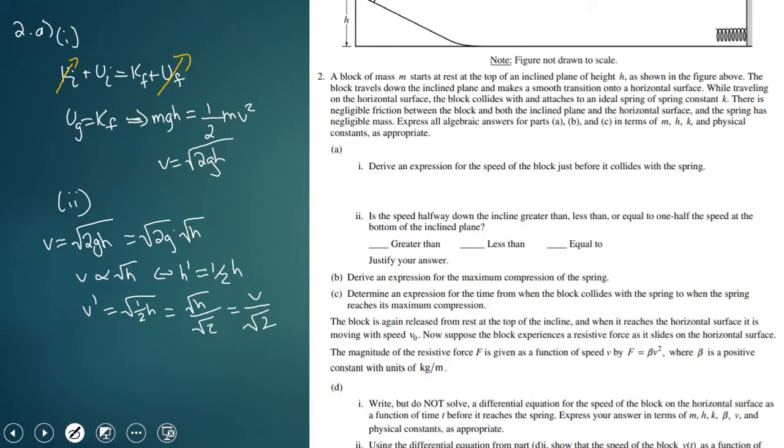What we're trying to find is, is the speed halfway down the incline, v over root 2, fill in the blank, greater than, less than, or equal to 1/2 v, so v over 2. This should be a fairly simple blank to fill out. Clearly, this is greater than. So our answer is greater than.